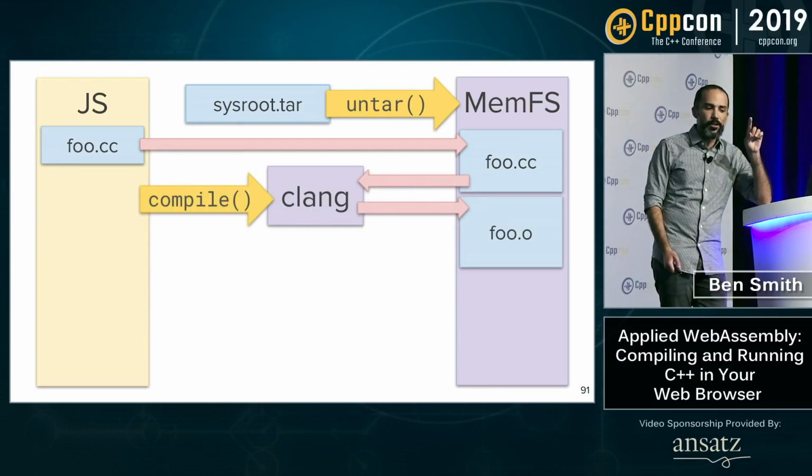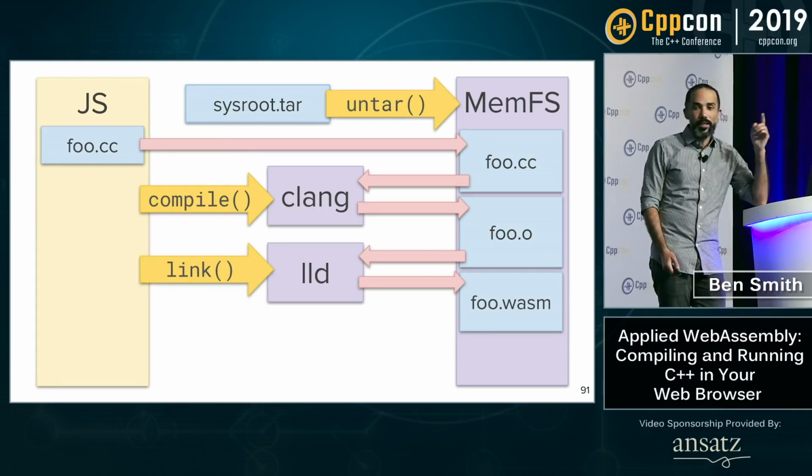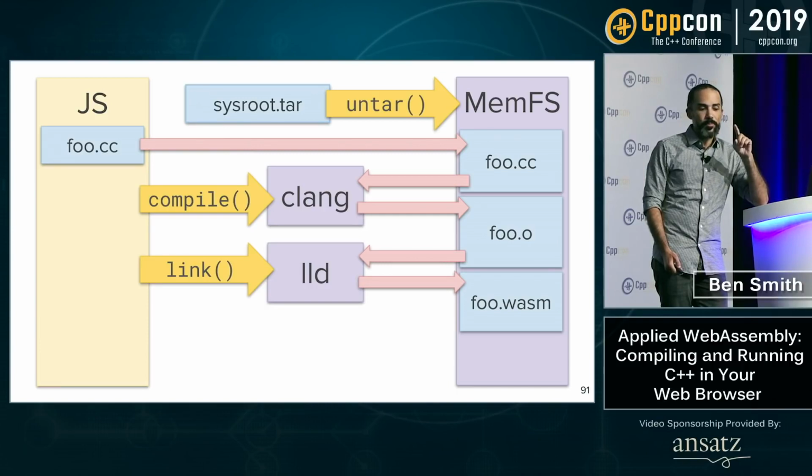Then we take that file and we write it into Clang using our copy in when we get a compile call from JavaScript. What Clang will do then is it will use that memory FS and then write it back out as an object file into the same in-memory file system. Then, as you might expect, when you do your link call, it'll take that object file, link it, and then it'll produce a WebAssembly file, again, in the in-memory file system.